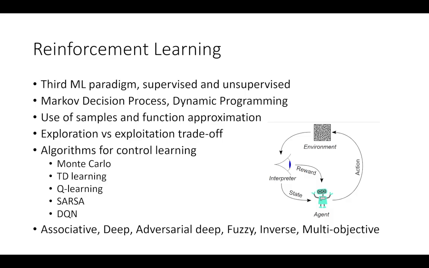Okay, then the last but not the least is reinforcement learning. Okay, so as we have been talking, machine learning has three paradigms, right? The first one was supervised, then came the unsupervised, right? Now the most recent one has been this reinforcement learning, right? So this is the third paradigm of machine learning. Okay, now what is the theory behind reinforcement learning? So it's basically based on the Markov decision process, right?